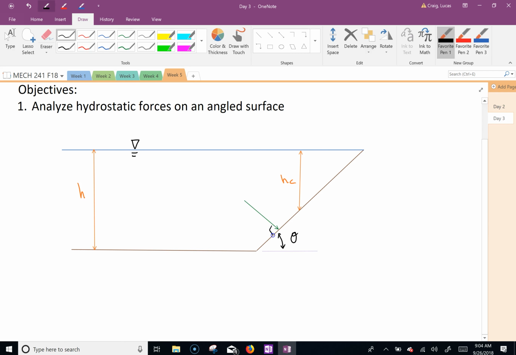Where this is 90 degrees. Okay. So that force, which we call FR, is acting perpendicular to that angled surface. Okay? Always, because it's a normal force. That's what pressure is.